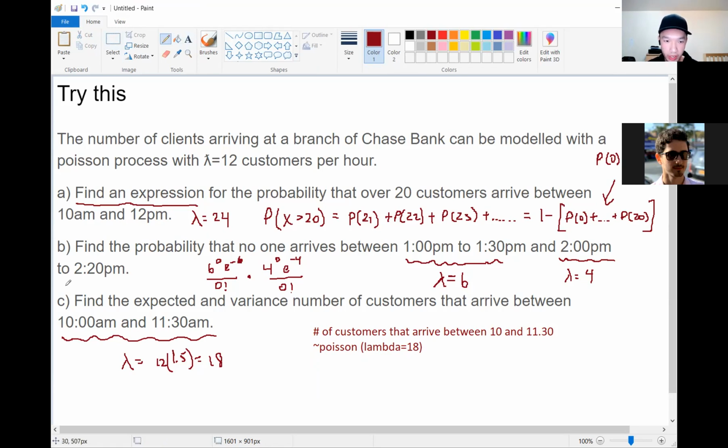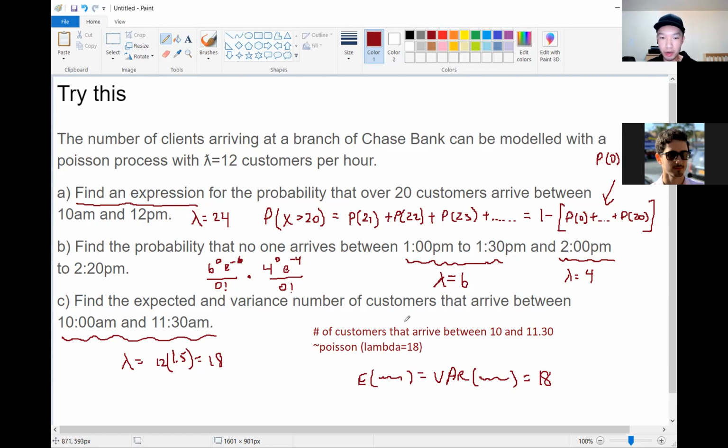So if that's the case, what is the expected value and variance? 18. Yes. So E of number of customers equals the variance of number of customers, which are both equal to 18, because that's the property for Poisson random variables.